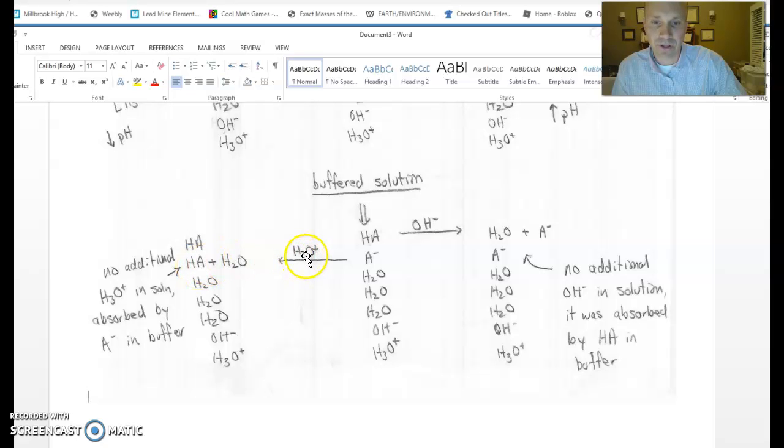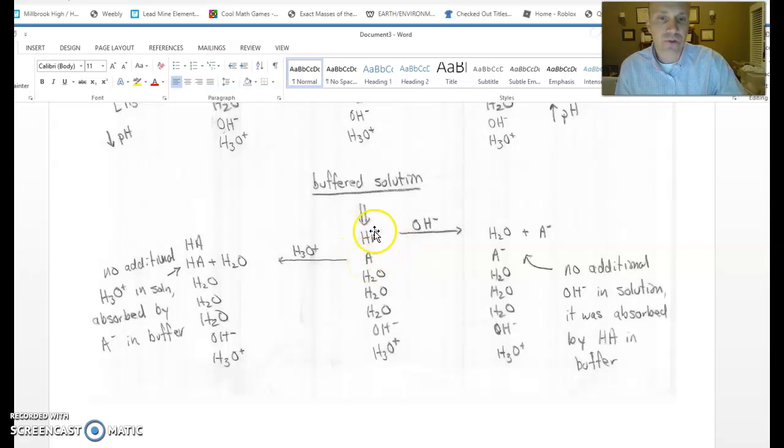So H3O plus gives an H plus to A minus, and that creates this HA right here. It also creates a water molecule when this H3O plus loses an H plus. So notice what happens here. We added an H3O plus, but we don't have any extra H3O plus in solution. The reason for that is the H3O plus gets absorbed by the A minus.